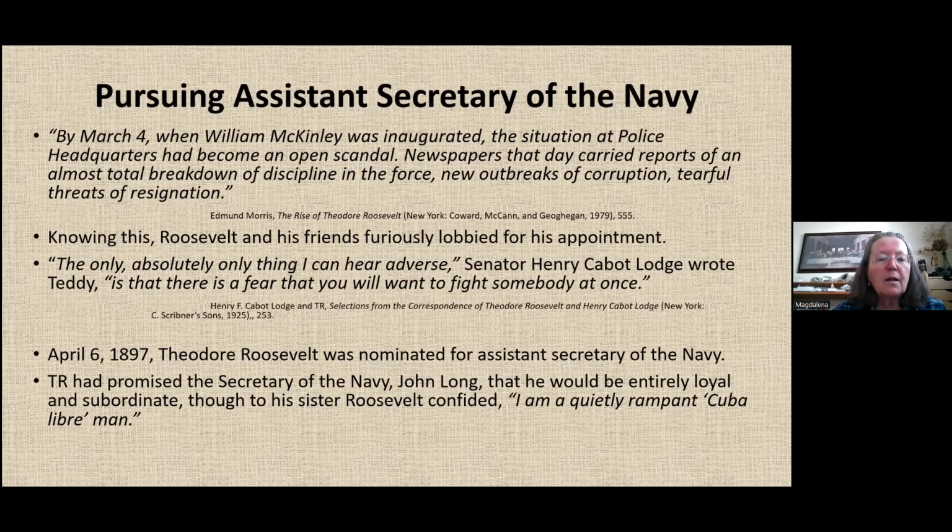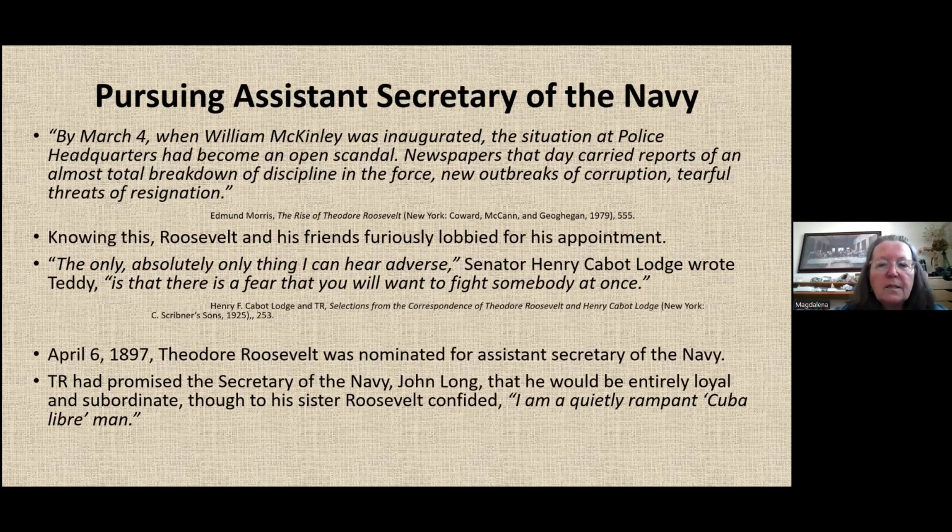And Roosevelt needed to get out of there, and he engaged his friends to lobby like crazy for his appointment. Senator Henry Cabot Lodge wrote to Teddy, "The absolute only thing I can hear adverse is that there is a fear that you will want to fight somebody at once."